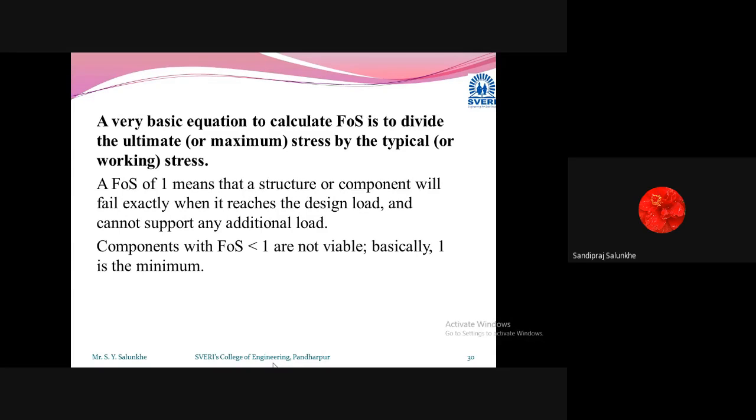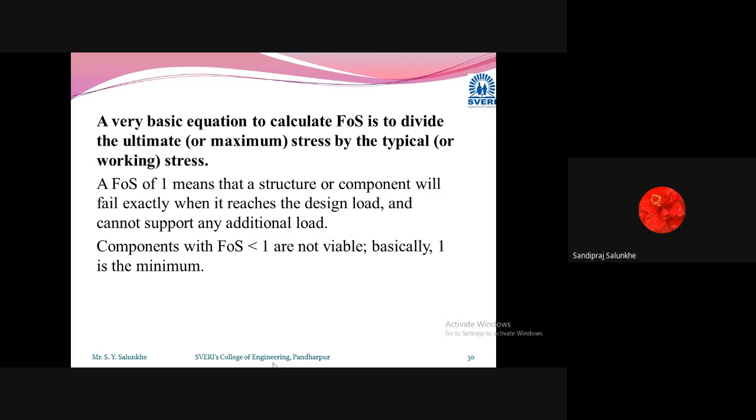So a factor of safety of one means the structure or component will fail exactly when it reaches the design load. If suppose we are designing a component for 10 kilonewton, and we put the factor of safety as 1, then when the load becomes 10 kilonewton, the component will reach its maximum stress value and it will fail. But when we are supposed to work for 10 kilonewton, our component should sustain that 10 kilonewton.